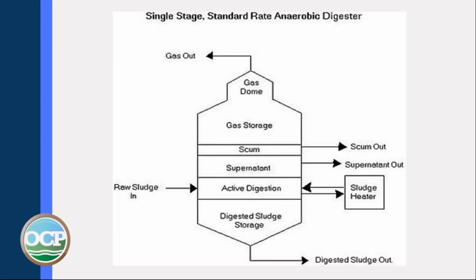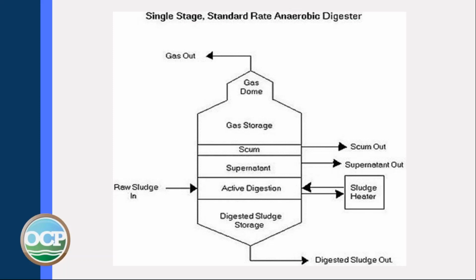In a single-stage standard rate reactor, you'll see everything is stratified in the reactor. Everything has layers. The raw sludge comes into the active digestion part of the reactor. That can be recirculated to a sludge heater if you're running a hot digester. You're not running at ambient temperature. As your digestion takes place, the digested sludge will settle to the bottom where it can be removed from your digester.